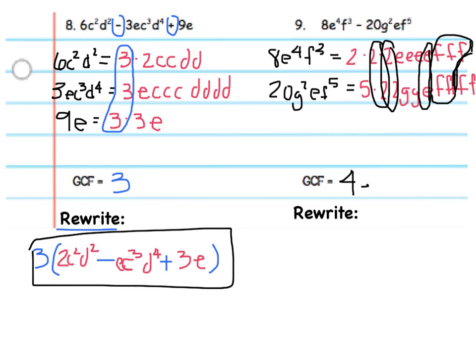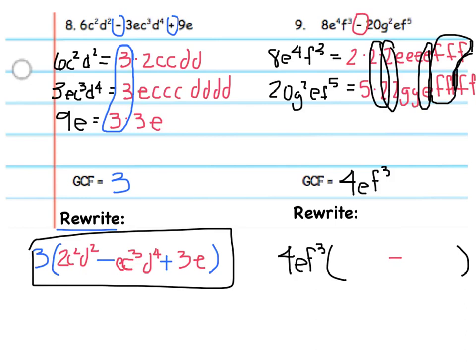Then they have 1 e in common and 3 f's, f to the 3rd power. So remember, when we rewrite our whole answer, factored out, the GCF goes on the outside. I'm going to have just a minus sign in the middle, 2 terms. Everything we didn't circle goes on the inside.